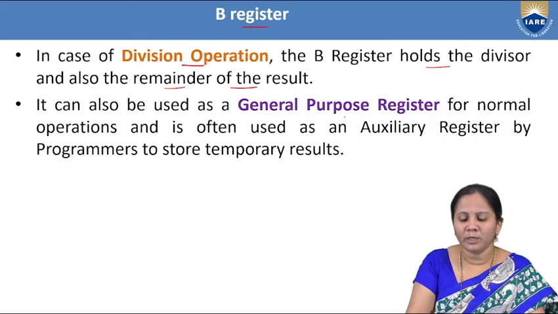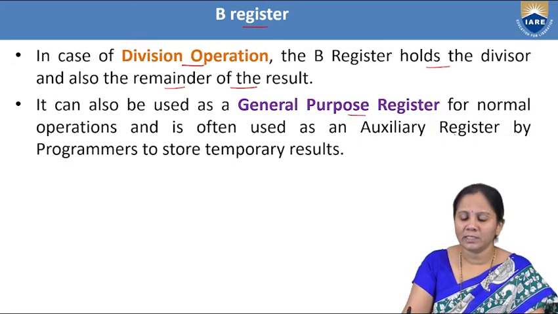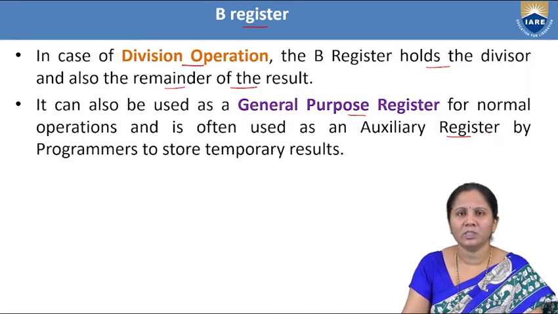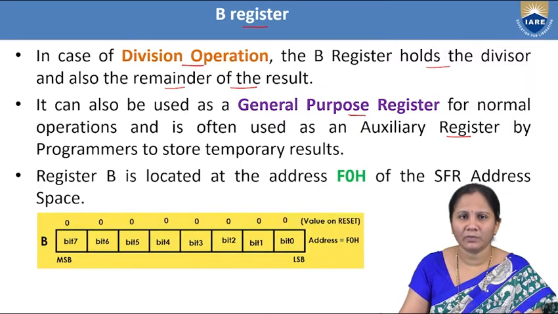It can also be used as a general purpose register for normal operations, and is used as an auxiliary register by programmers in order to store any temporary results. The register B has a fixed address.